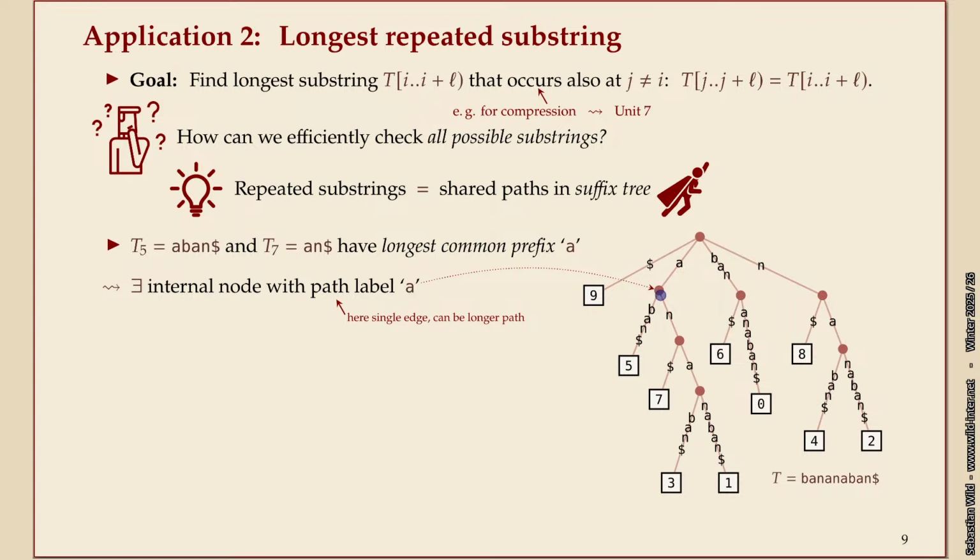And the cool thing is this is an if and only if. If any string occurs twice in the text, the suffixes starting at that occurrence share a common path and then split. And so they share a common path and then split means there's an internal node. So precisely checking all the internal nodes, or the strings that lead there, will find the substrings that occur more than once.